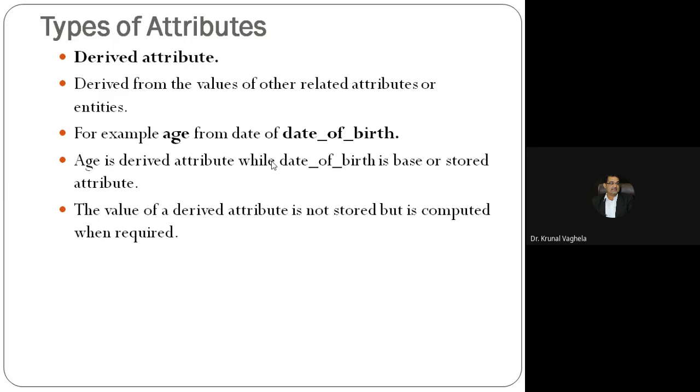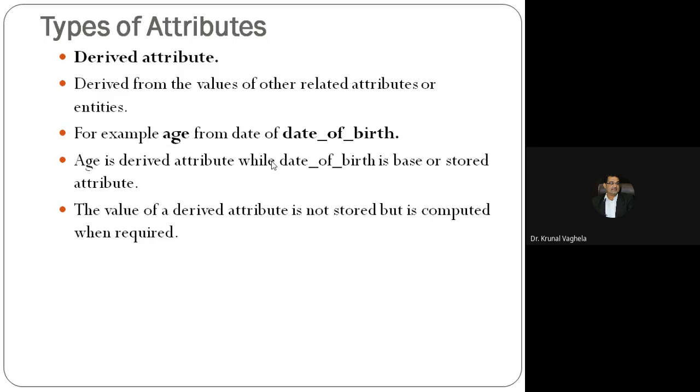See, the last line, which is very important: the value of a derived attribute is not stored but computed when required. For example, if you are storing date of birth, is it necessary to store age also? No, whenever you need, you can calculate it. You need to just fire a query.